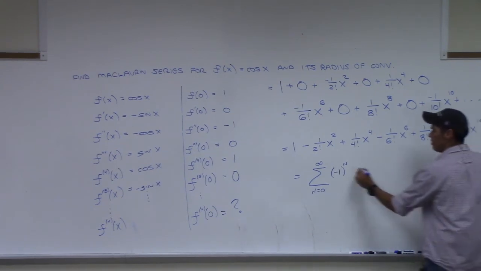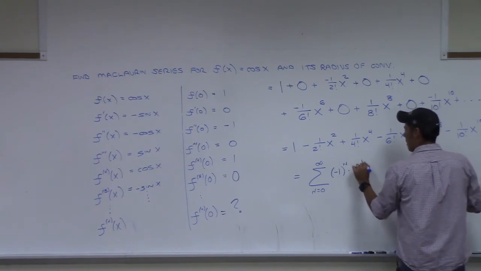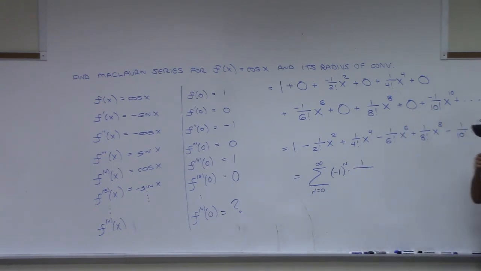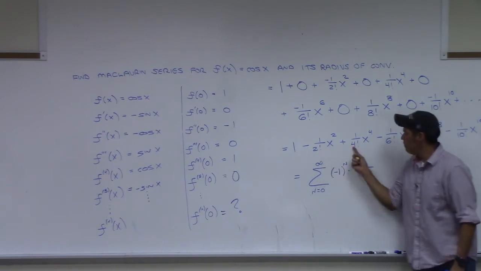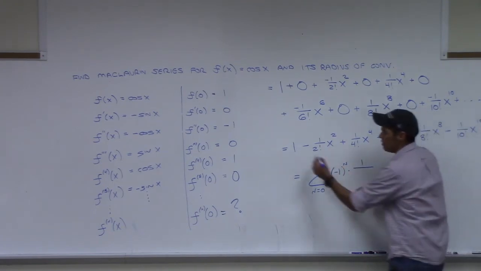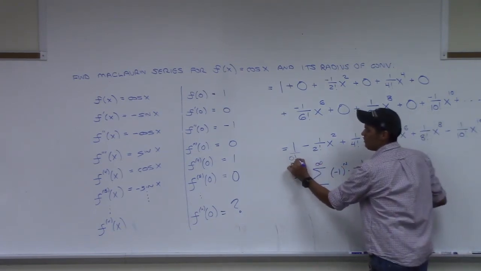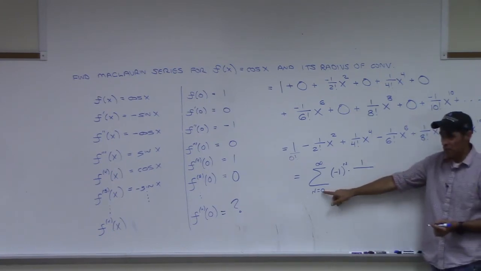Okay, let's see what we've got next. All of these numerators are 1. Over what factorial are these? These are all even numbers: 2, 4, 6, 8, 10. But starting at this one right here, what's under here? It's really like a 0 factorial on the bottom, isn't it? And n is starting at 0.